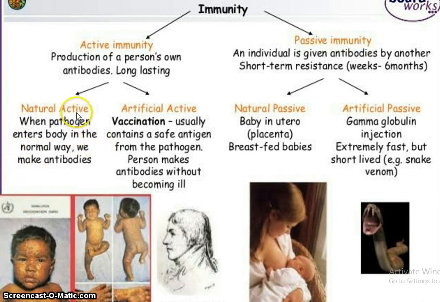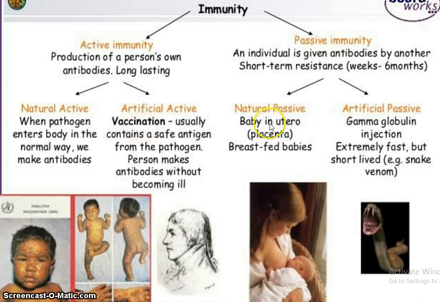So this is natural active immunity. Second, artificial active immunity is the example of vaccination, which means artificially we get protection against diseases like polio, BCG, etc. This is the example of artificial active immunity, that is vaccination.